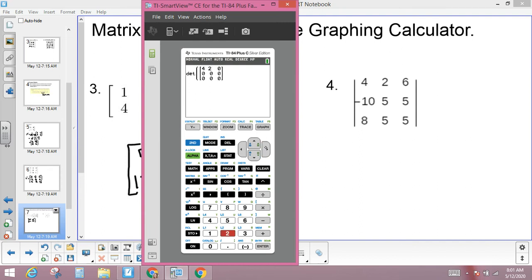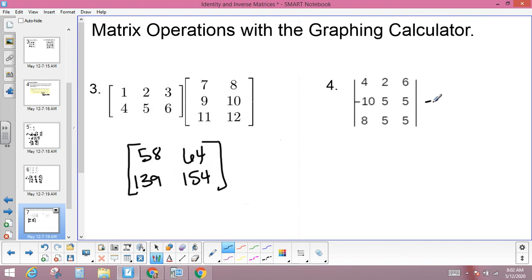Remember to use the arrow if you're doing this method. All right, 4, 2, 6, negative 10, 5, 5, 8, 5, 5. Okay, and then you can close a parenthesis, or it doesn't really matter because you're done. Hit enter. You only have to edit once. And you get negative 360.